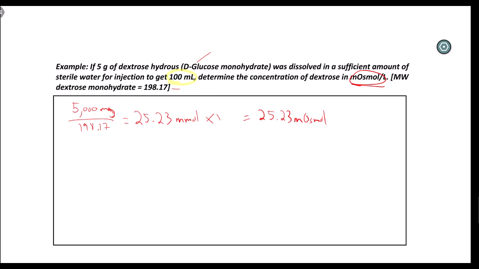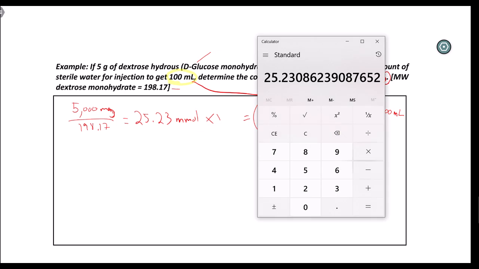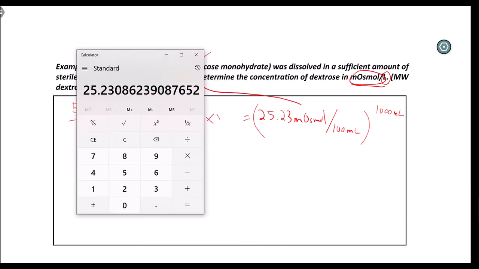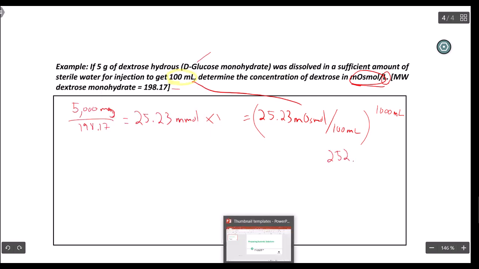This says, what is it per liter? So I take this number and multiply it by 1,000, because that's the number of mLs in a liter. This is the amount per 100 mLs, and I want 1,000 mLs, so I get the same number moved over one place: 252.3.